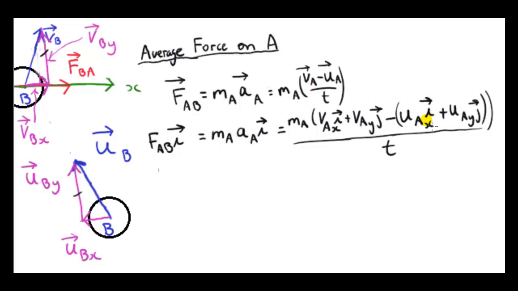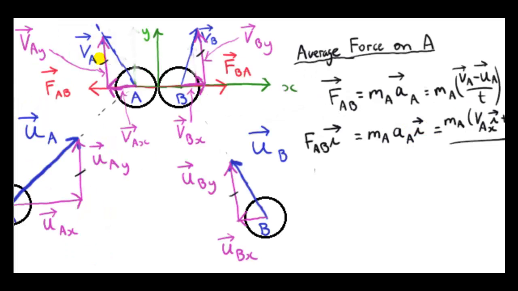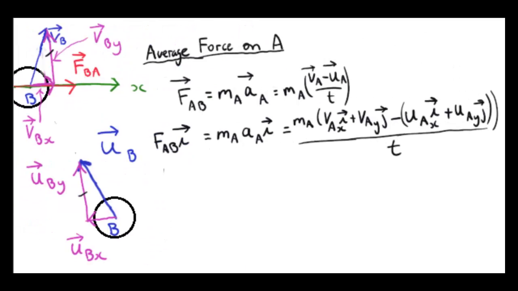So now all you need to do is fill in for VA and UA. You write VA as a sum of its x and y components, VAX plus VAY, and you do the same for UA. Write it in terms of its x and y components, but this time I'm using the I and j vectors. It just makes it really clear what we're trying to show.